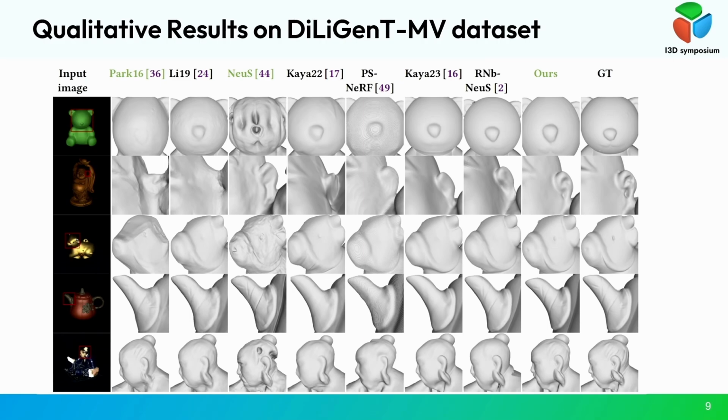Here are some additional results. We can see some zoomed-in reconstructed mesh patches for our method and the previous methods for the given input image of that particular object.